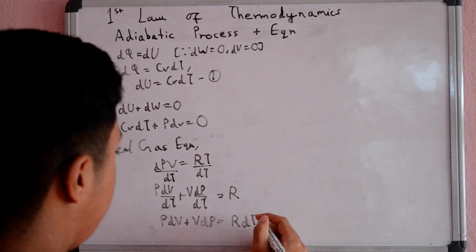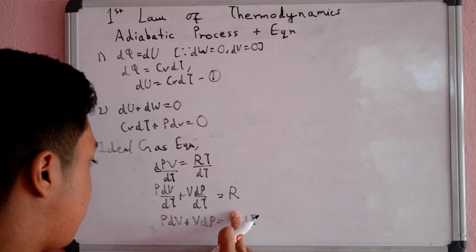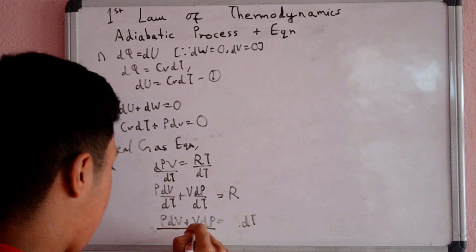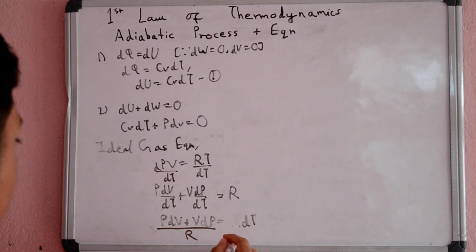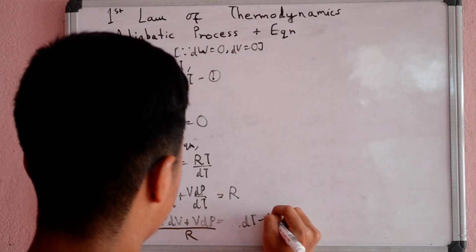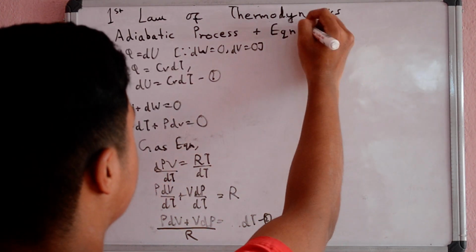Now we can write dT as R, so we can put this equation 2 in equation 1.